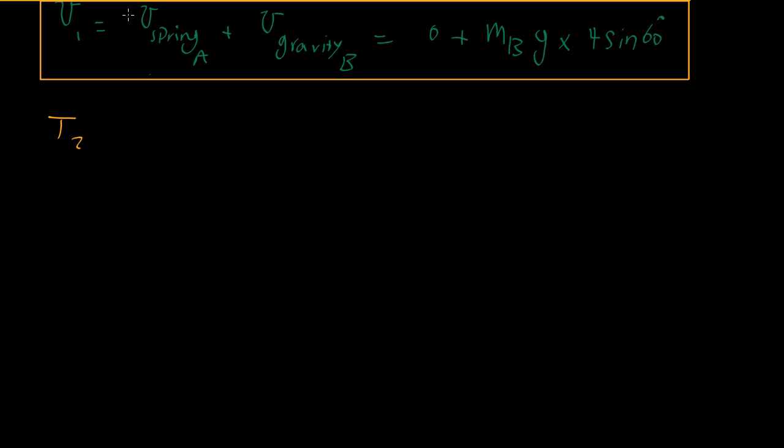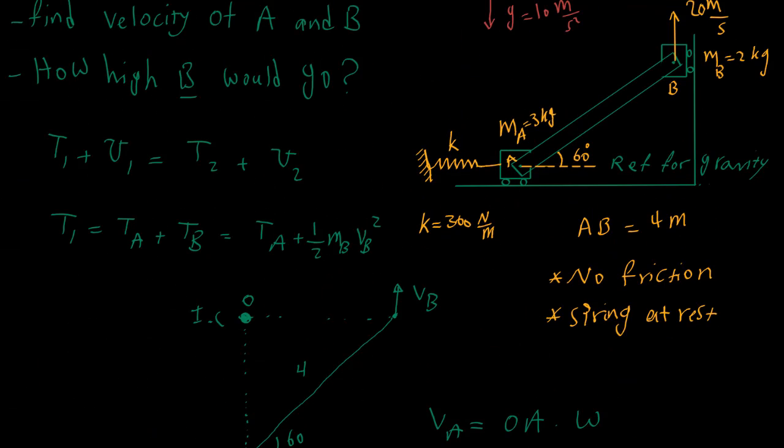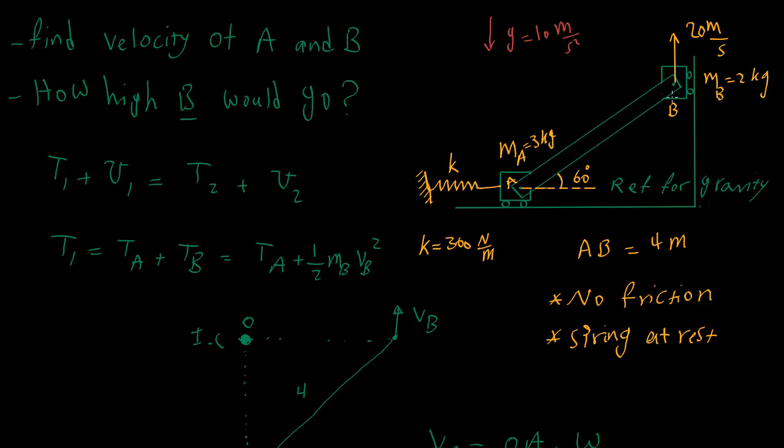Again, T2 would be 1 over 2 m_A v_A squared plus 1 over 2 m_B v_B squared. So here we have to consider that this slider has gone up by a certain height here.